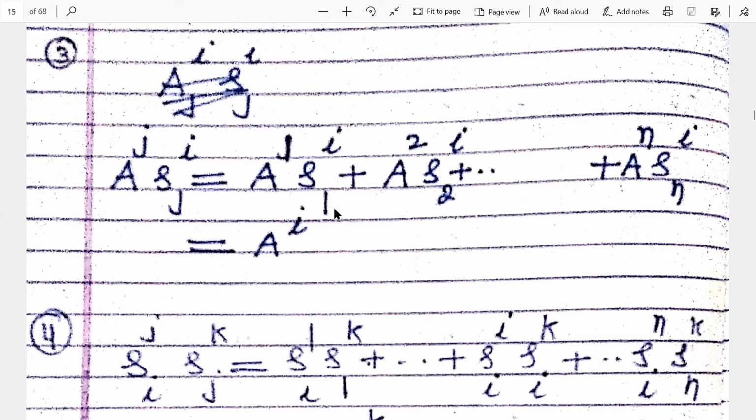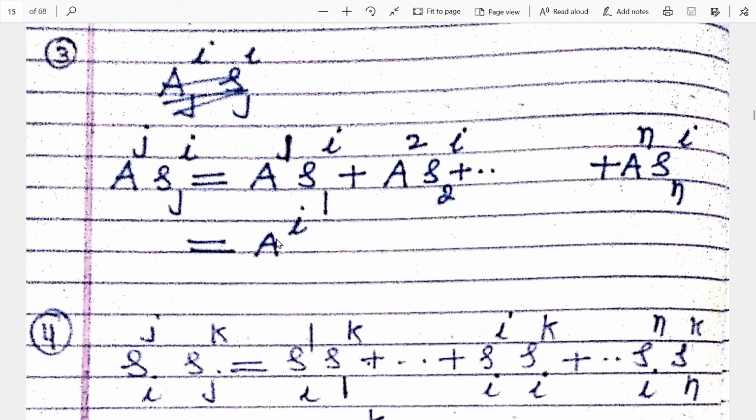All the values of delta will be 0 except when both are i. Here i and here i, then its value will be 1. Otherwise it will be 0. So when i and i, in that case we get a_i delta ii, so this is equal to a_i. So remember this property. When a_j is multiplied by delta ij, then this j is cancelled. The remaining term is a_i.